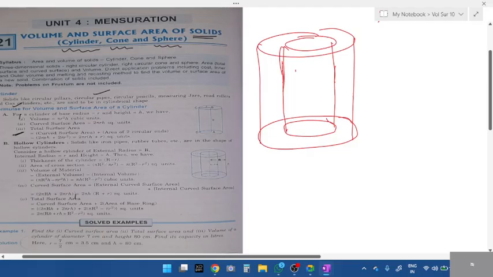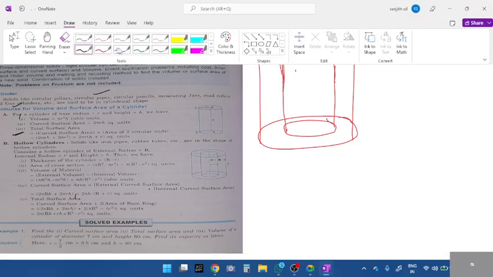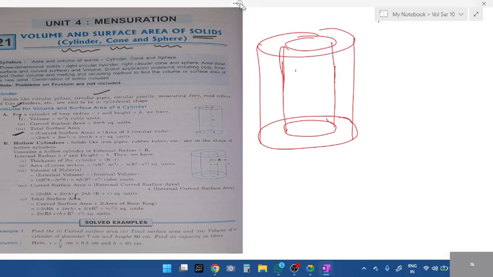Solid, okay, all of you look at this solid cylinder, students. So solids like iron pipes, rubber tubes, etc. are in the shape of a hollow cylinder. So basically, this will be covered. Two cylinders in the sense, see, this part, the yellow part will be covered, students. It is fully covered. Only the inner cylinder will be open.